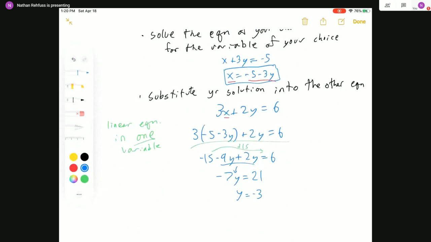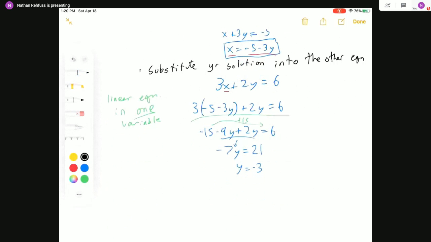Now, the third and final step is the easiest. Now that we know the value of y, we solve the other equation, the one you picked originally.